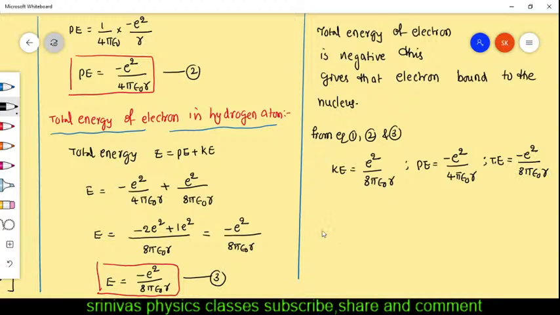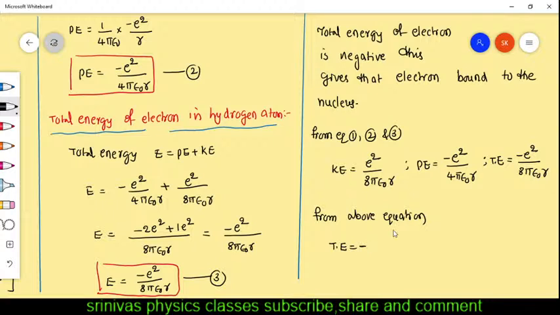Okay, right. From these equations, we write one thing. What is the relation between the total energy and kinetic energy? What is the relation between the total energy and potential energy that I want? From above equations, total energy is equal to minus E square by 8 pi epsilon naught r.